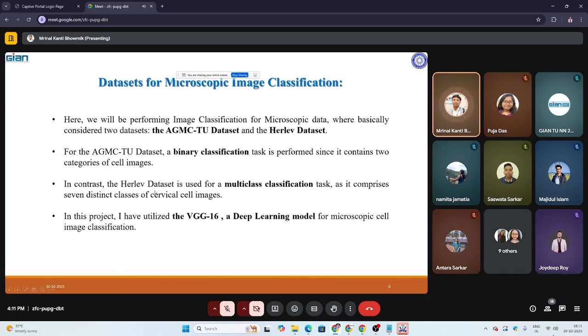I'll be training my model on the HighLev dataset too, so that it classifies which particular class an image belongs to. In this project, I have utilized VGG16, which is a deep learning model, for microscopic cell image classification.